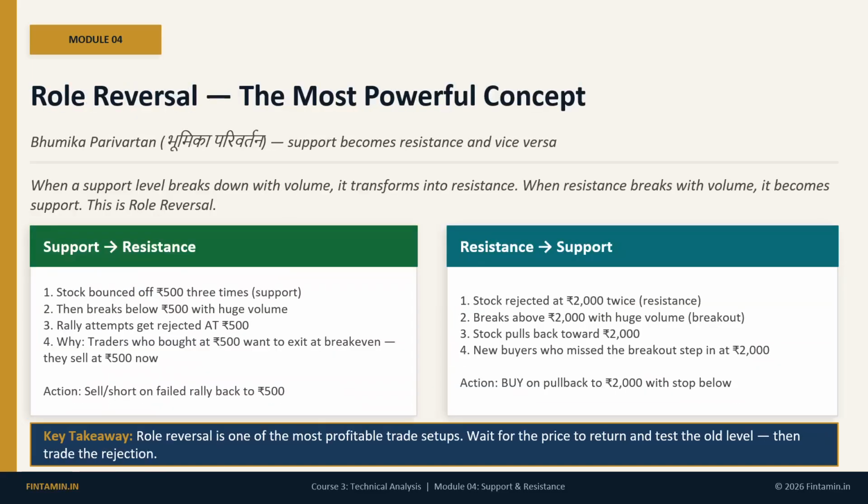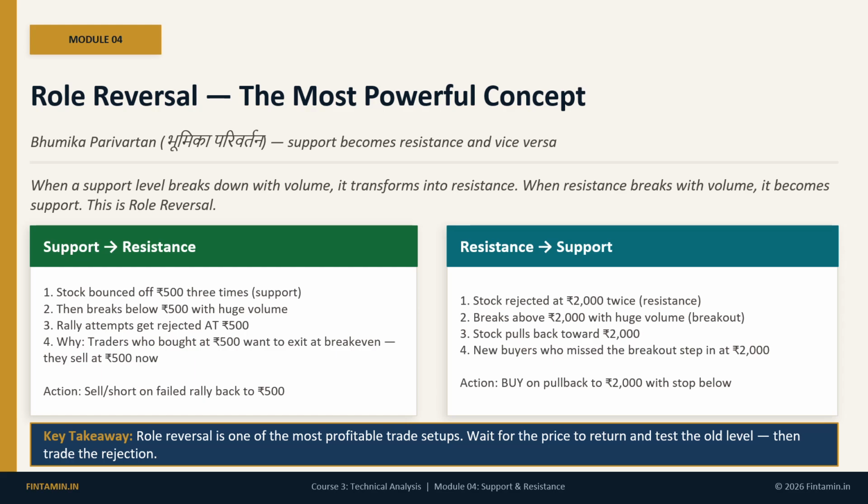Role reversal. This is one of the most powerful and most profitable concepts in all of technical analysis. When a support level is broken with high volume, it transforms into resistance. Price comes back to test the old support, and now sellers appear at that exact level.